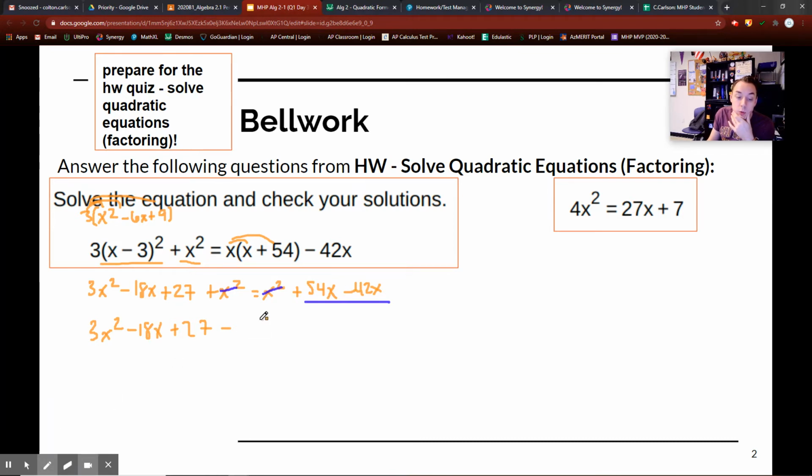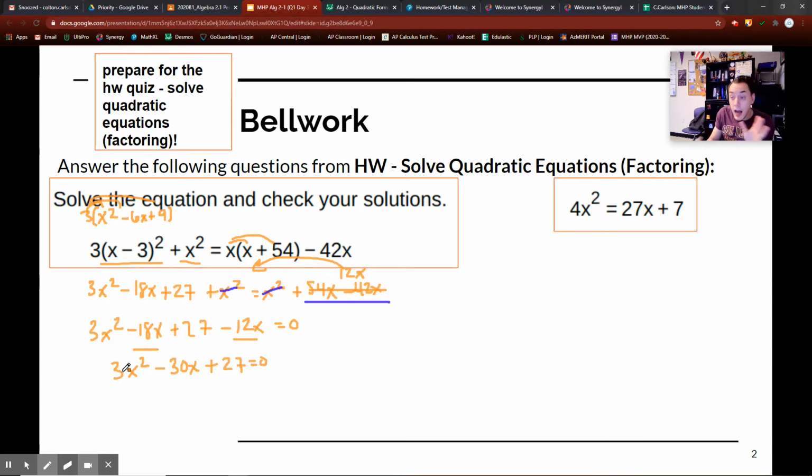This is going to become 12, so 12x equals 0. So this right here is 12x, and then I subtract it over to the other side. Okay, that's so far so good. Now I can combine that junk together. So this is 4x squared, and then minus 30x, and then plus 27 equals 0.